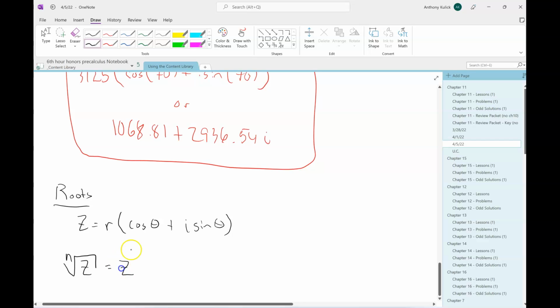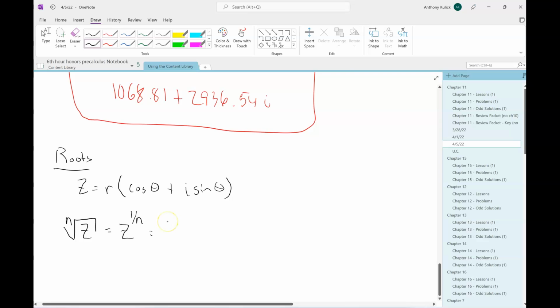Well, if you remember back from your Algebra 2 days, the nth root is the same as the power 1 over n. And you're like, oh, great, De Moivre's theorem, and I'll just be done, right?